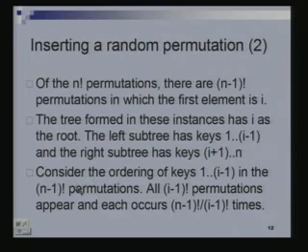There are n minus 1 factorial permutations in all, and there are i minus 1 factorial permutations of the elements 1 through i minus 1. There is no reason why one of these permutations will occur more often than another, so each of them is occurring equally likely. So, how many times is each one of them occurring? n minus 1 factorial over i minus 1 factorial times.